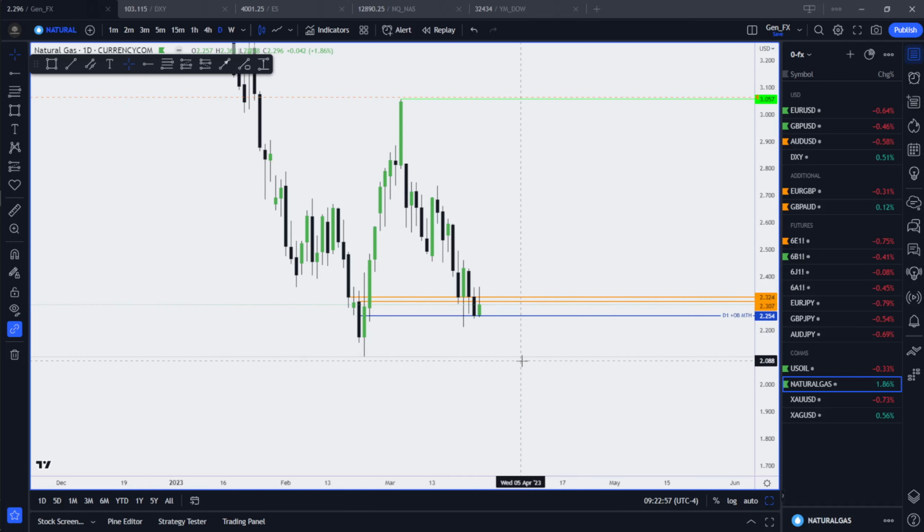And what I want to see is that if for some weeks we can just consolidate and not really try to go below 2.1, that's a good sign that we are probably just building for the next move higher.